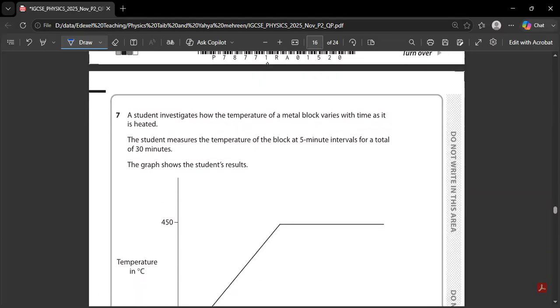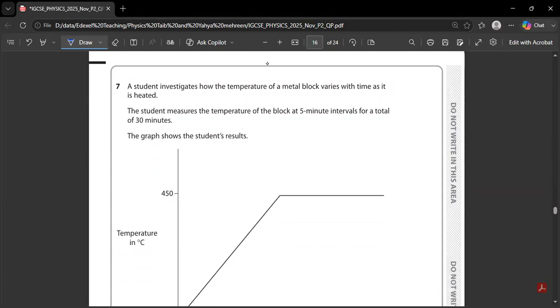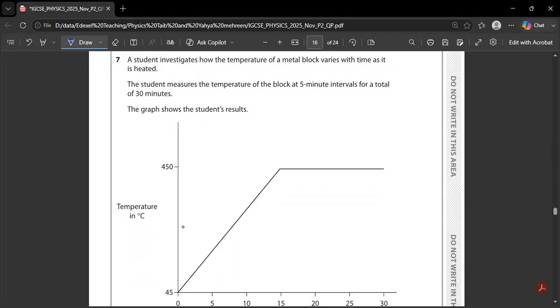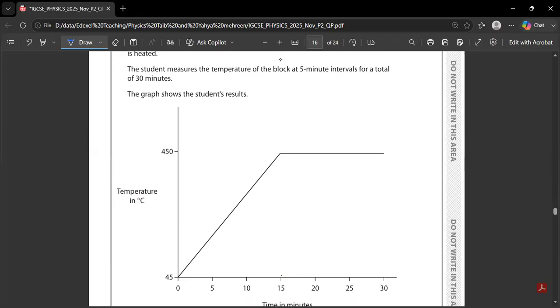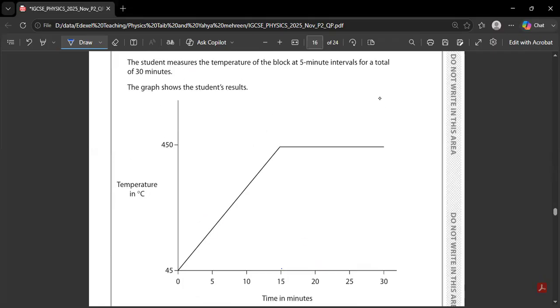Now, a student investigates how the temperature of a metal block varies with time as it is heated. The student measures the temperature of the block at 5 minute intervals for a total of 30 minutes. The temperature rises till 15 minutes, and then becomes constant at 450 degrees Celsius.